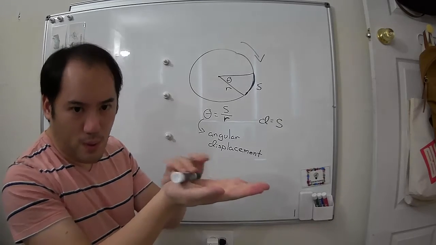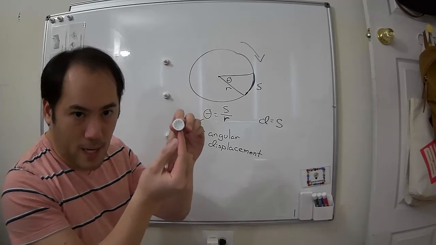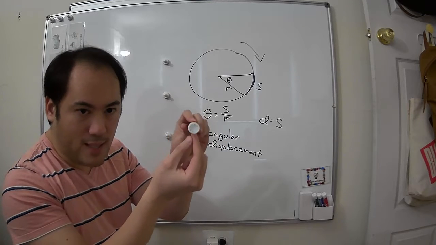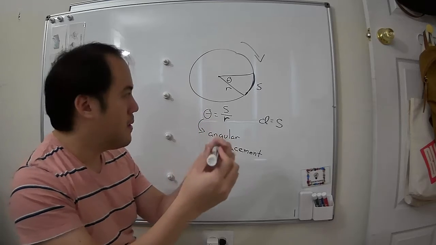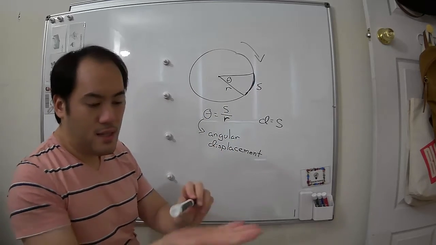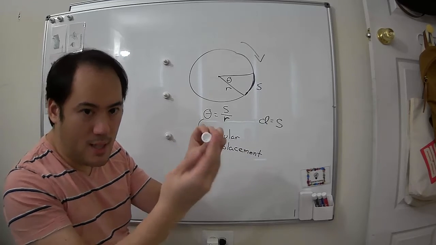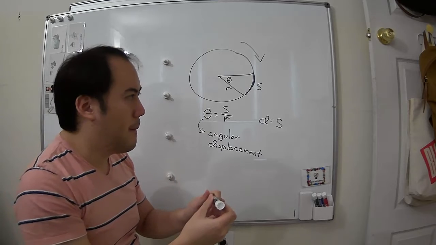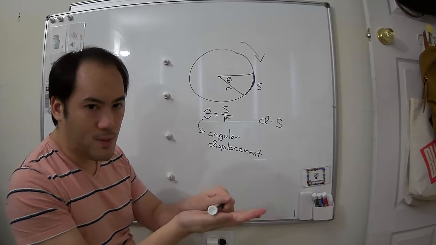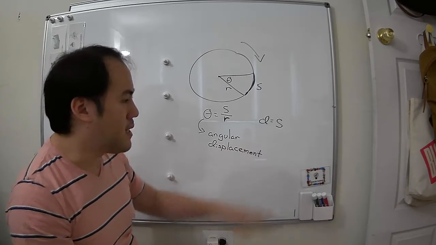If my marker rolls 10 centimeters, then the little part on the bottom touching the ground moves basically across a circle 10 centimeters. In real life, the distance isn't quite the same, or the displacement is not quite the same, because it's going in circles. But if it makes a full circle and ends up back on the ground, they would be the same.